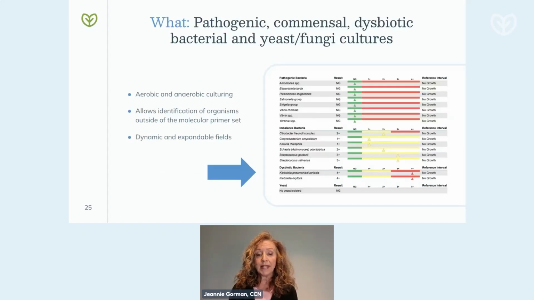This is an example of what you would see on the culture page. Pathogenic bacteria that I mentioned would be cultured. Imbalanced bacteria, which I've already talked about, not listed as beneficials but still important in the microbiome. And then any dysbiotic levels of bacteria and yeast, of course.